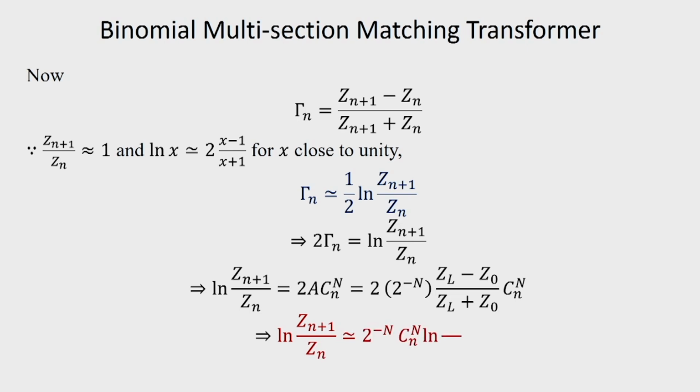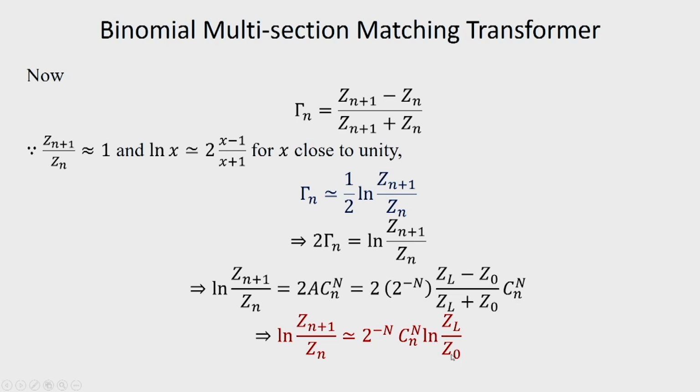And then we can further simplify it into log of Z n plus 1 by Z n is approximately 2 to the power minus N times N C n log ZL by Z0.